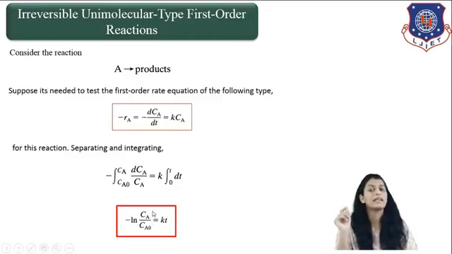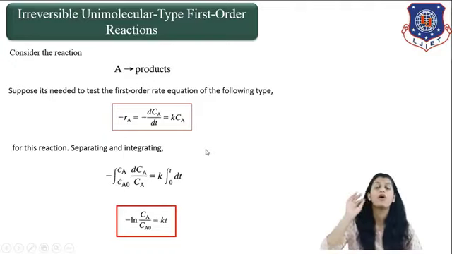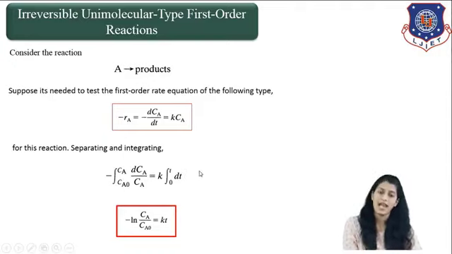Integrating and applying the limit, it is converted into minus ln CA by CA0 equals k. The integration of 0 to t dt is t, so it will be k into t. So this is our final expression for the irreversible unimolecular type first order reaction using the integral method of analysis.